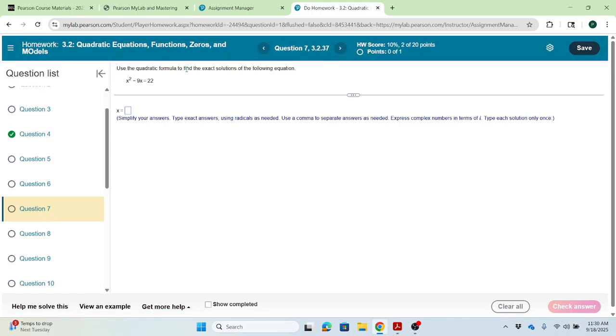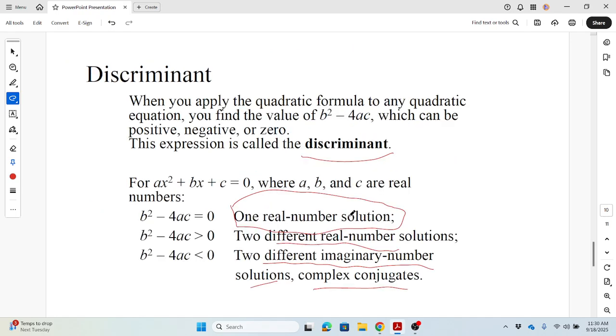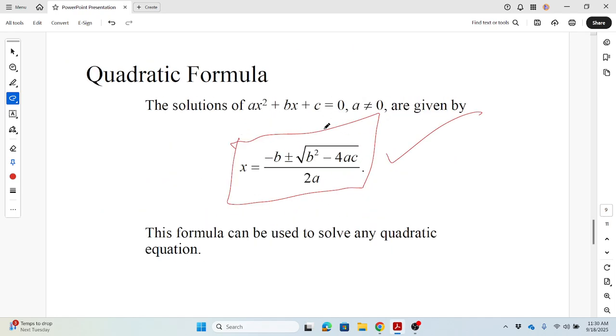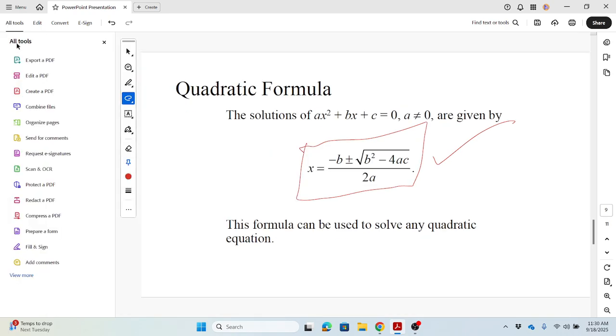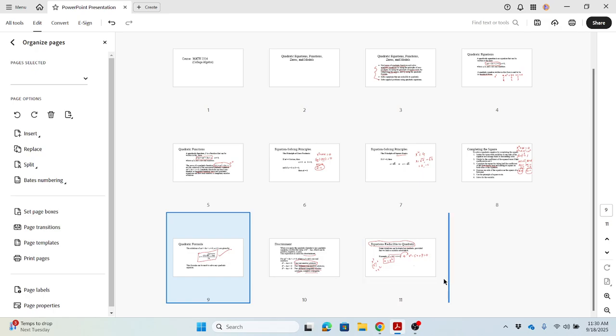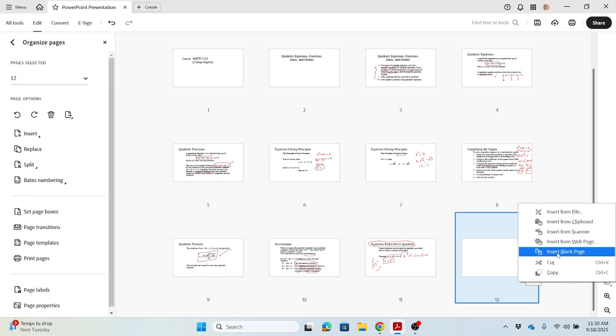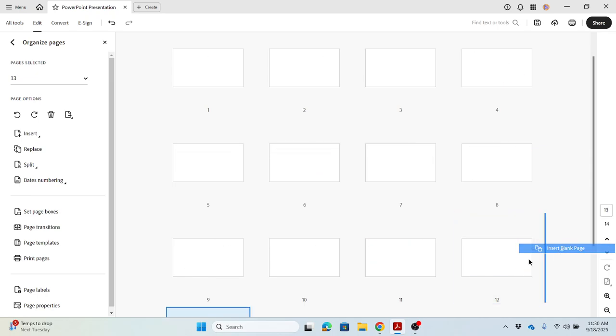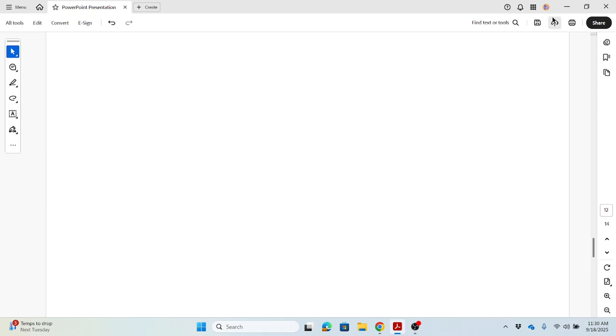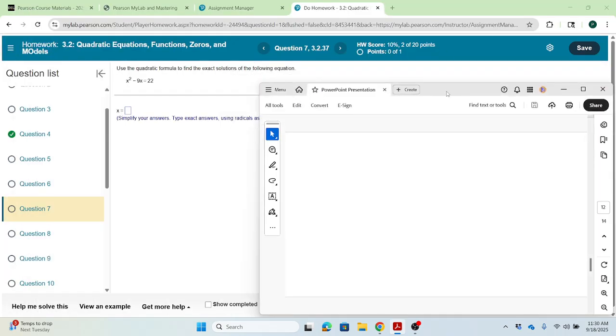Use the quadratic formula to find the exact solution of the following equation. This time we are asked to use the quadratic formula.